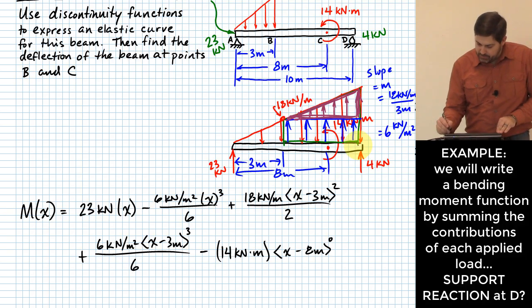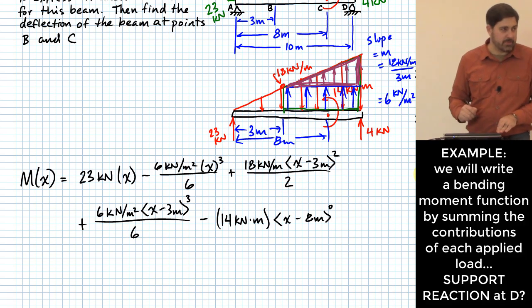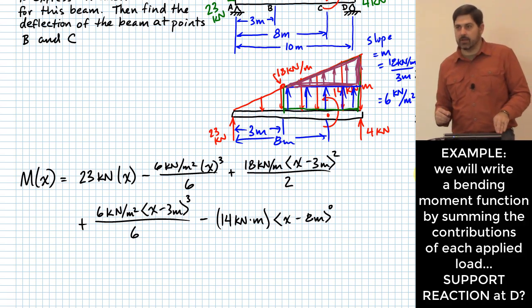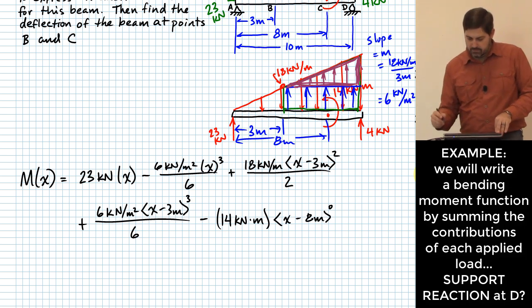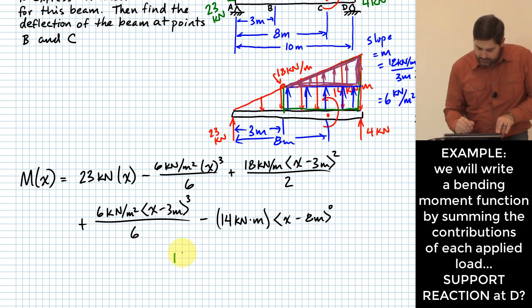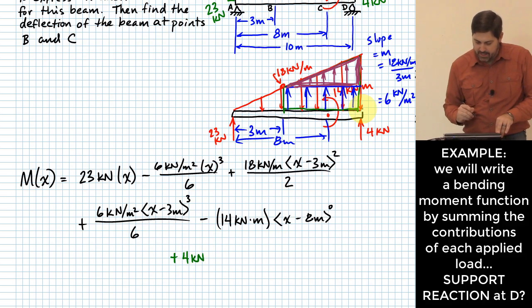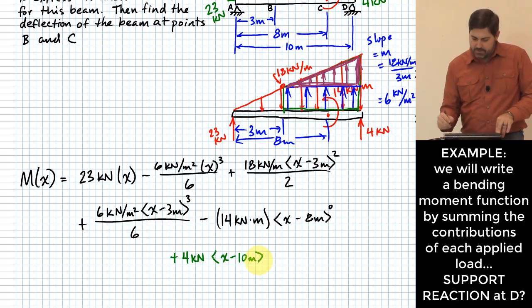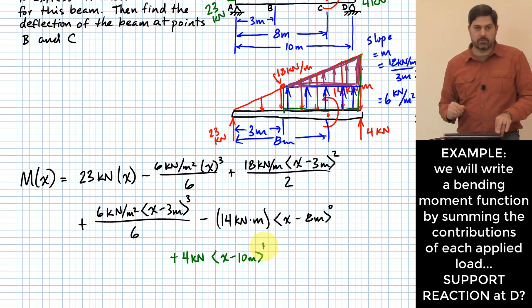I'll tell you what, I'm going to even do this in a slightly different color to indicate we might not even need to keep it. Foreshadowing, okay? But what would the form be? First of all, 4 kilonewtons is up, so I'd do plus 4 kilonewtons. That matches the direction it was in the table. So plus 4 kilonewtons multiplied by what? X minus 10 meters, okay? Raised to the first, right?